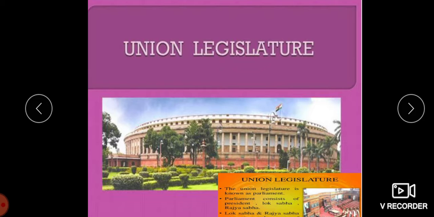The states have been given the right to participate in the functioning of the government. India has a bicameral legislature, that is, the Lok Sabha and the Rajya Sabha. The Rajya Sabha mainly comprises representatives of the states.